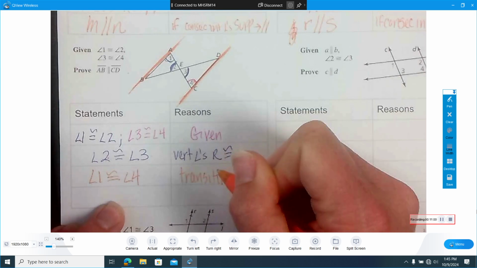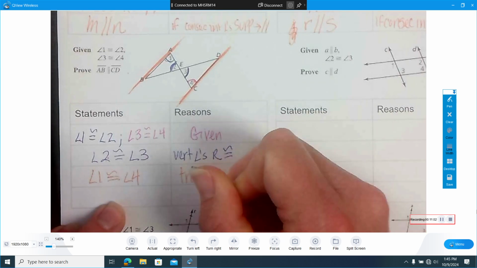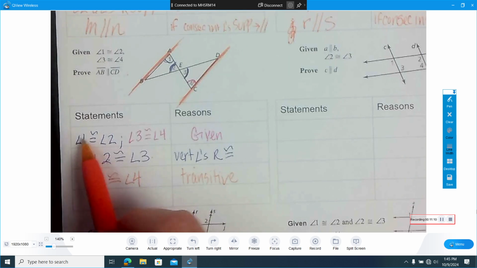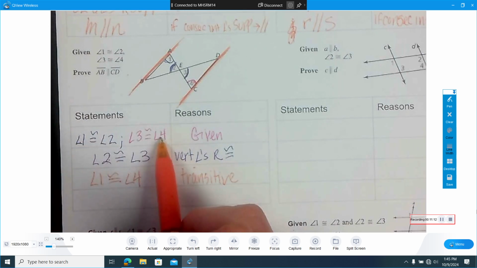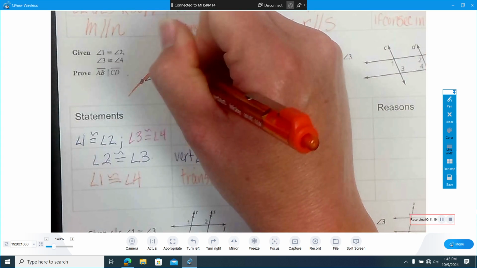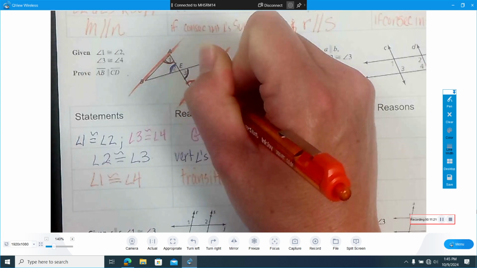Substitution works, but in this case, transitive is what we use when we have a lot of congruent statements, okay? So it follows the sort of train tracks. 1 is to 2, 2 is to 3, 3 is to 4, so 1 is to 4. That is the transitive property. All right, so now angle 1 and angle 4 are congruent.